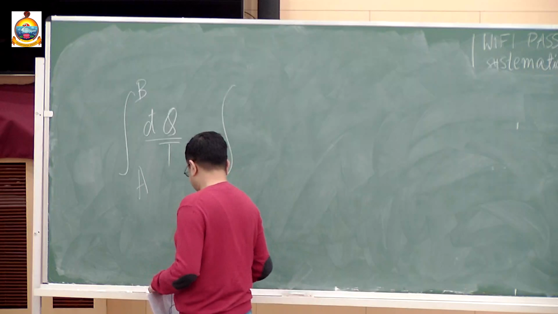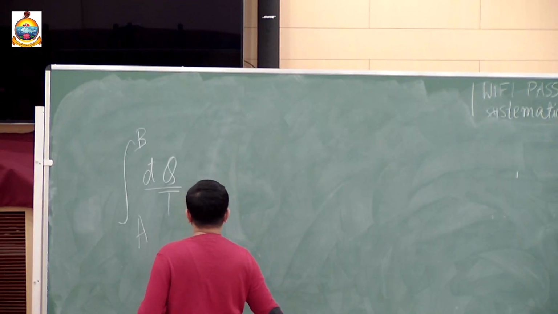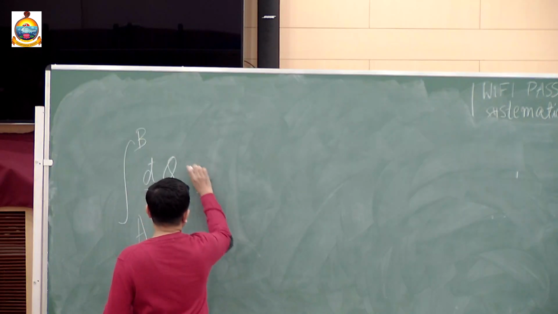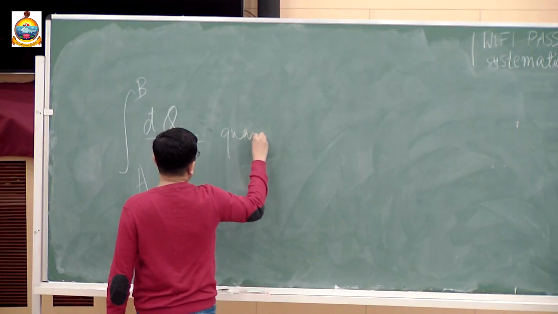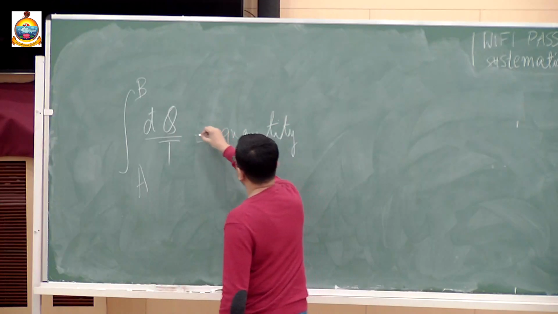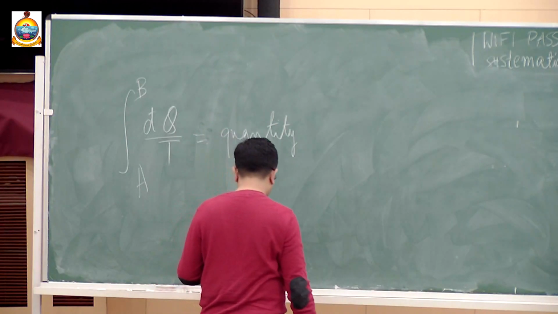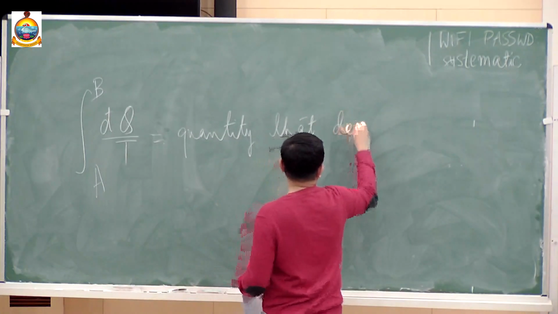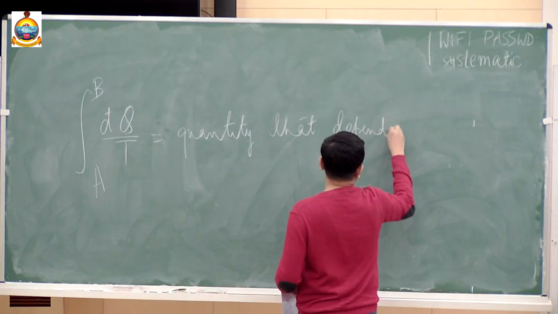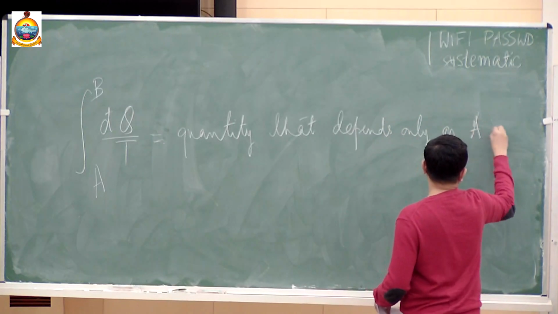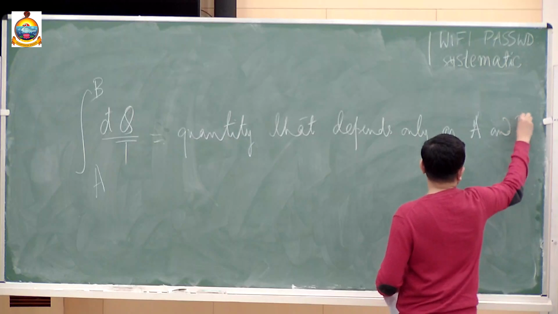So this should be a quantity that is a state function, well actually this is a change in a quantity that depends only on A and B, the endpoints.